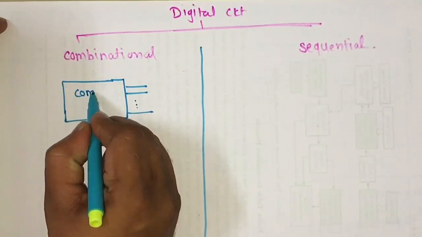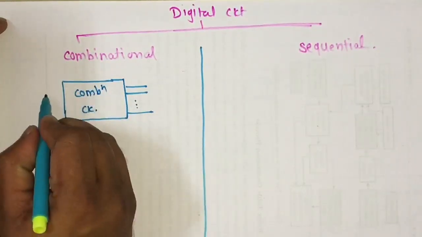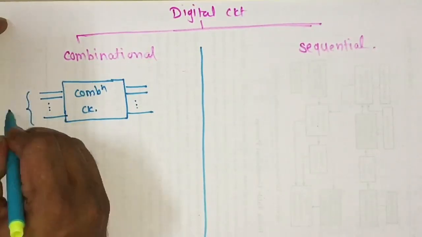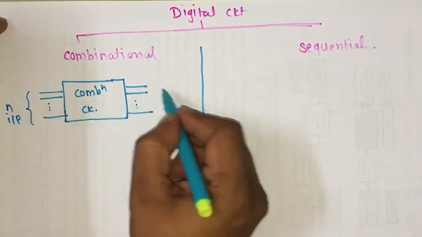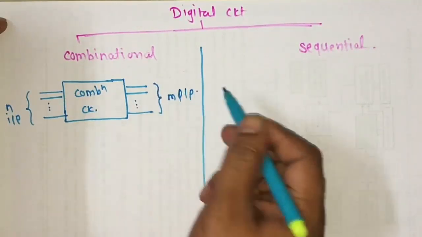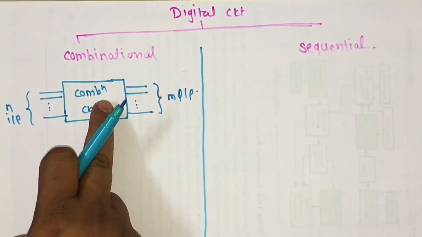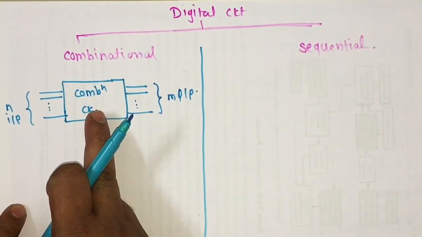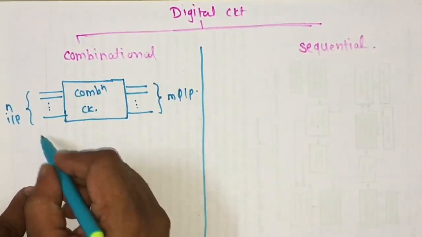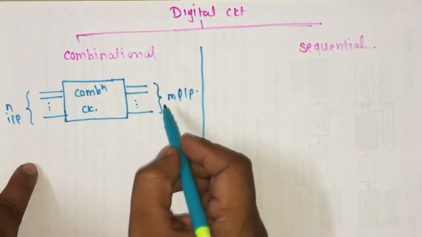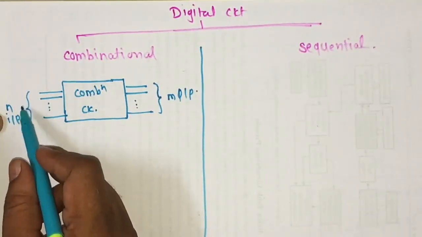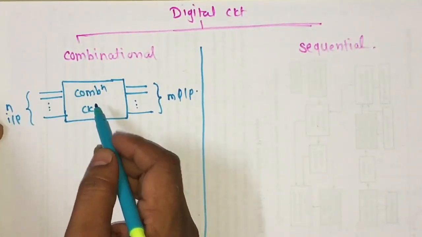So this is the combinational circuit, and we have applied n number of inputs, and here we will get m number of outputs. The combinational circuit is one in which this output depends only on the present inputs that are applied to the circuit.